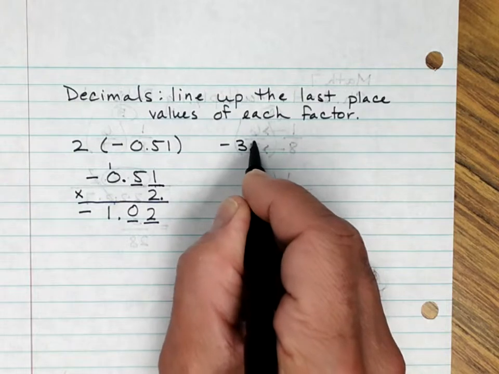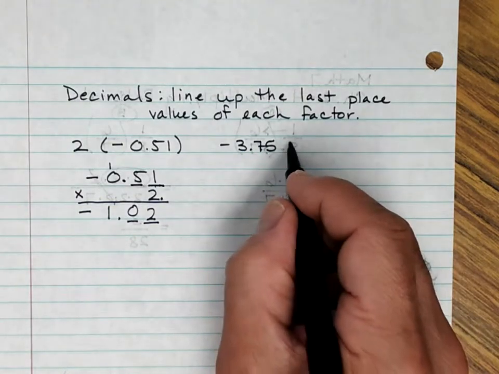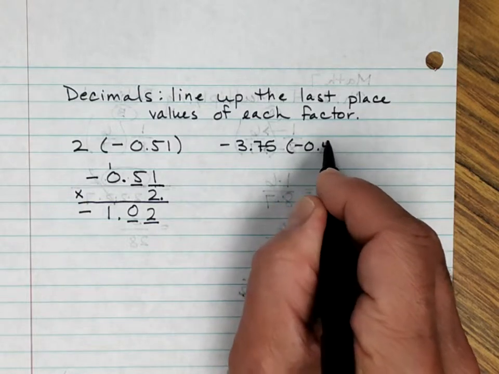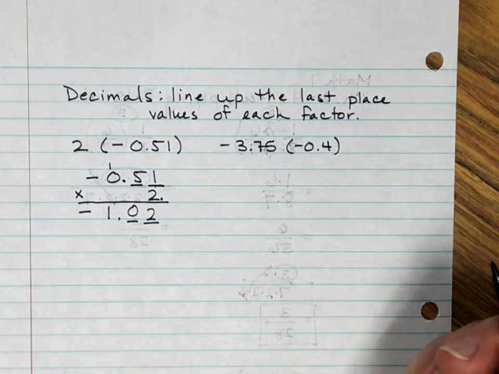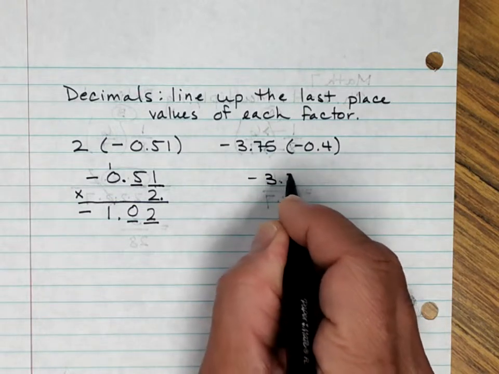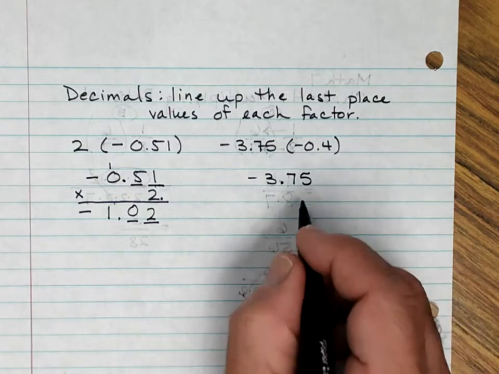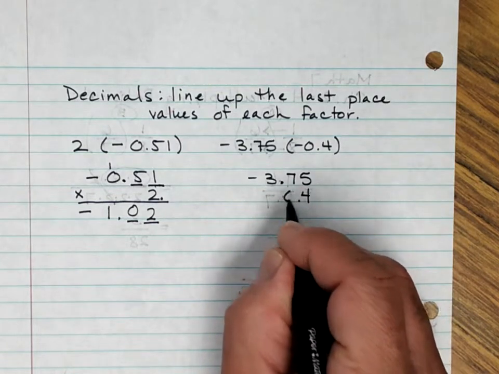Negative 3 75/100ths times negative 4/10ths. So in tradition, we're going to put the factor with the most place values on top, and the factor with the least place values on the bottom.